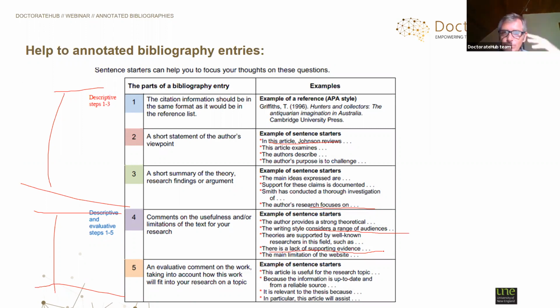So you can always use these starters to guide the statements you are using. And then the last part, we can say this article is useful for the research topic, or it is relevant for this thesis because, and things like that. So these are important areas.